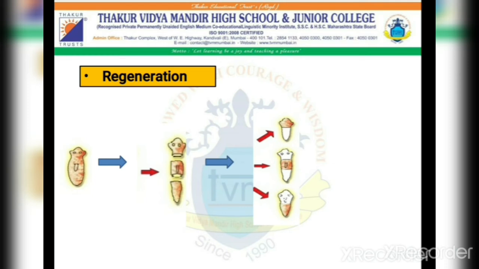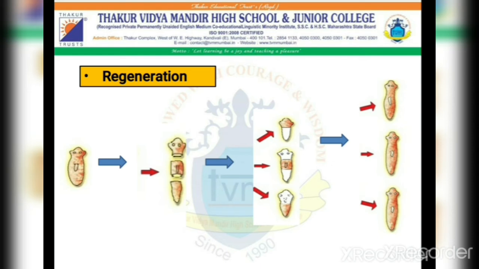And thus different planarias are formed. That means a small part of the body is used to regenerate the whole planaria on its own. So this method of reproduction is called regeneration.